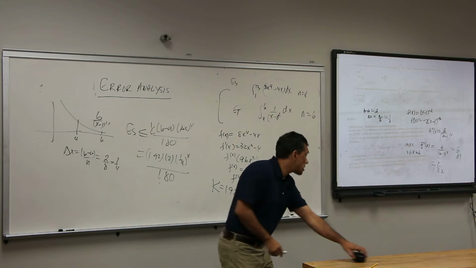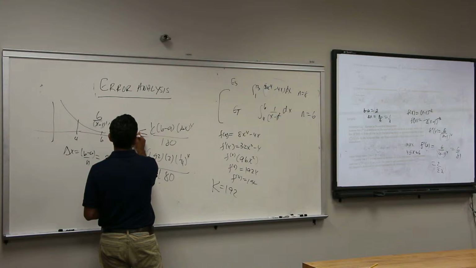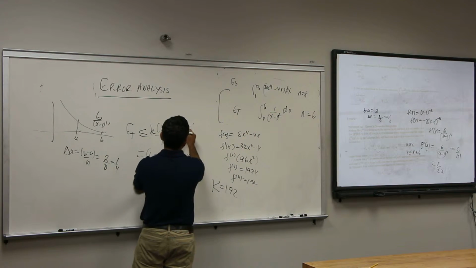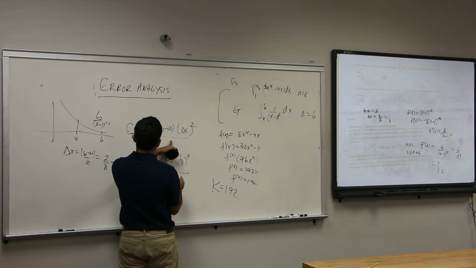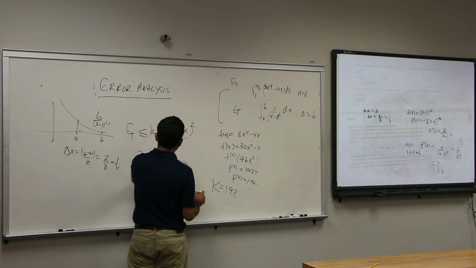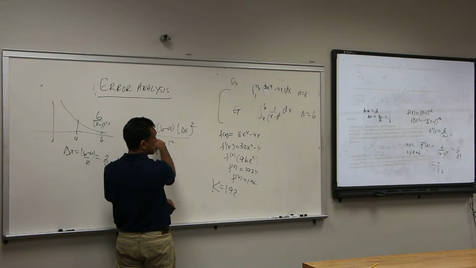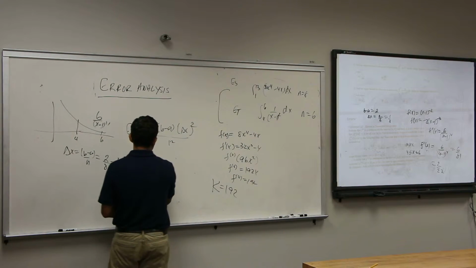So what is the trapezoidal error? No more than K times (b minus a) times delta x squared over 12. And what is my k? 2 over 27.